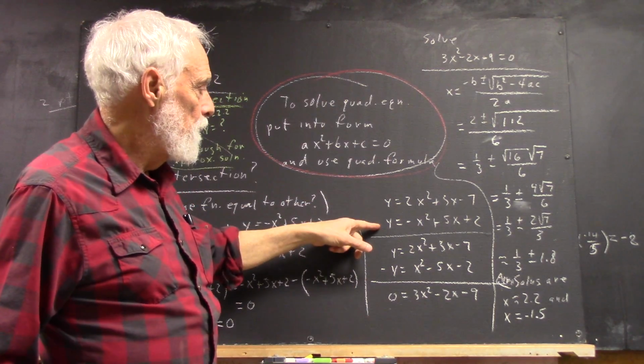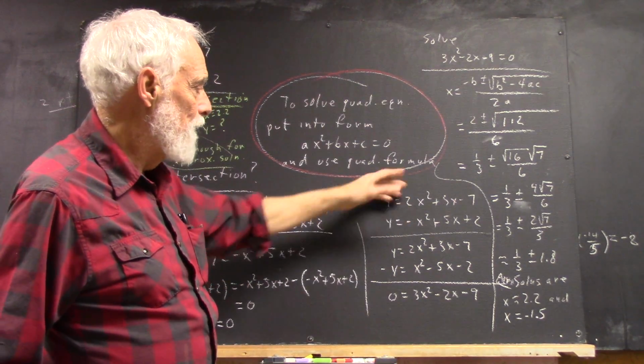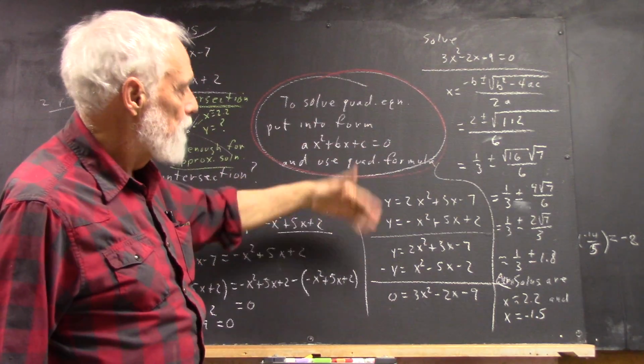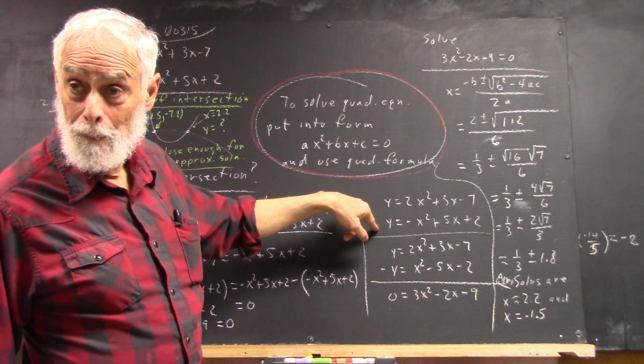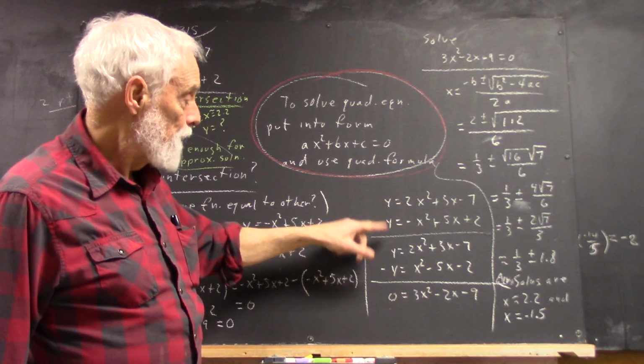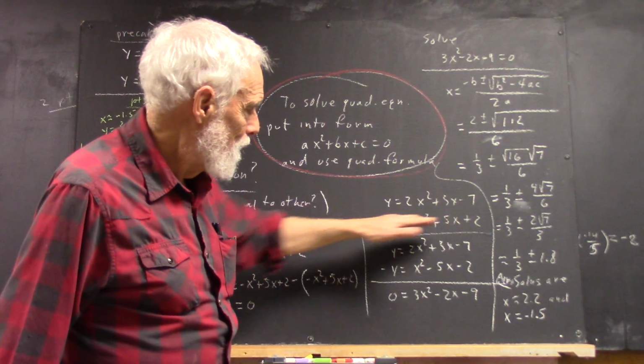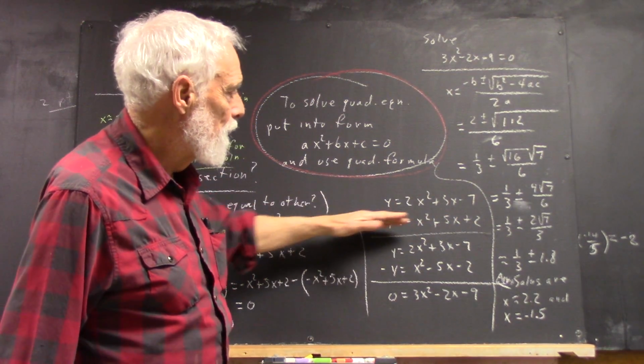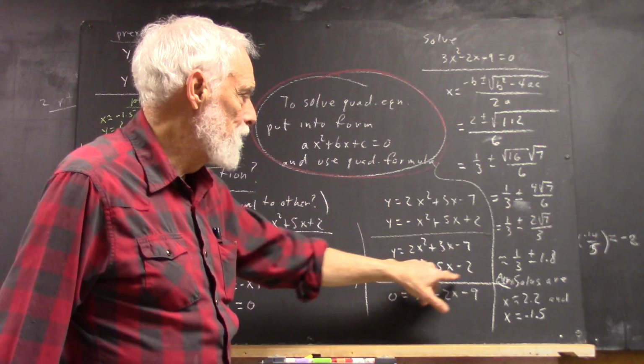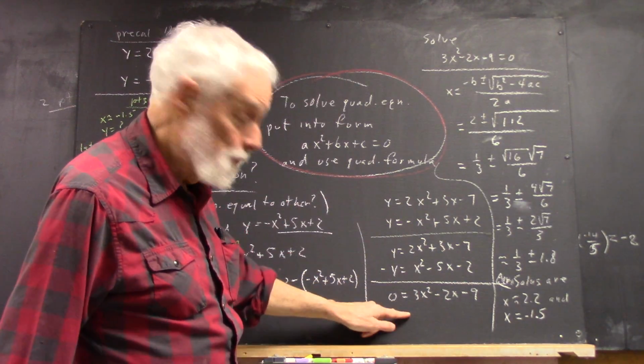But what we could do is, and of course if you add these, nothing goes away, but if you were to subtract them, the y would go away, right? So we do this, and then we write down the first one, we write down the second one, but we take its negative, and then we add them, and we get this, right?